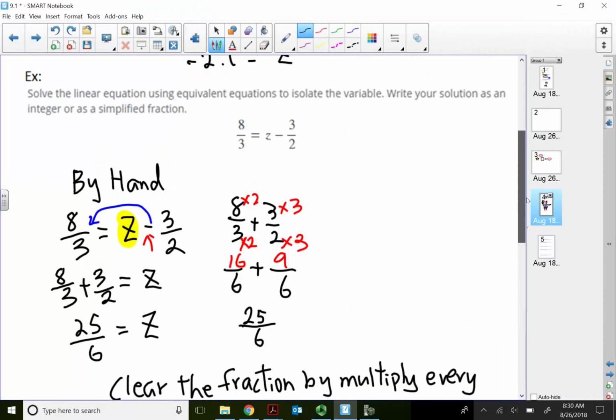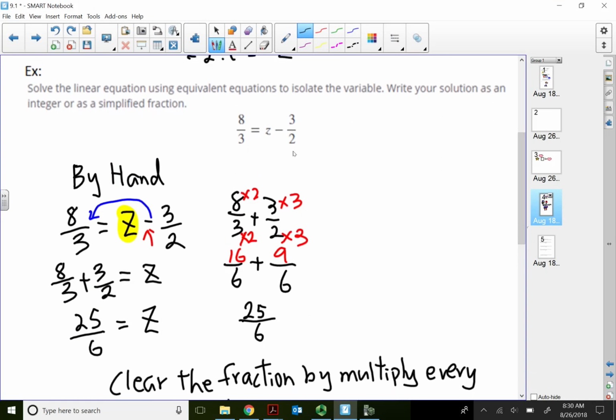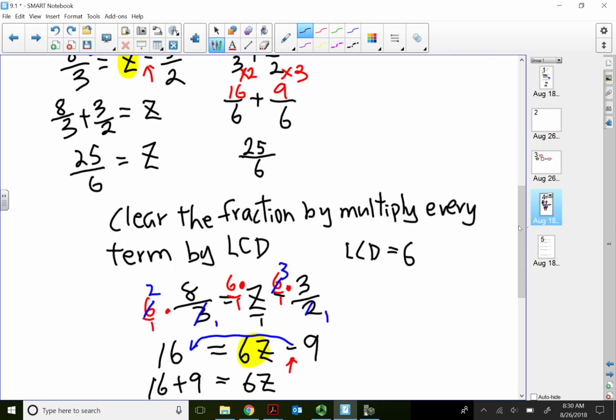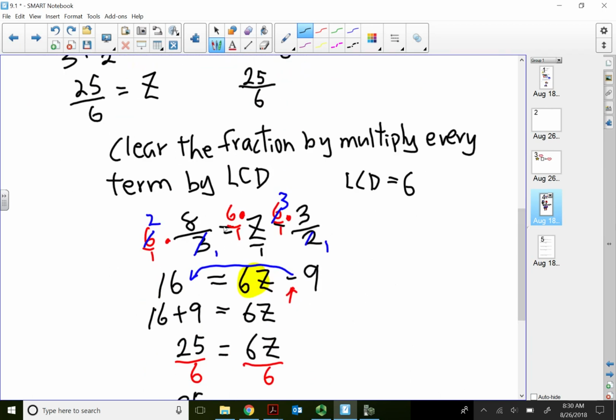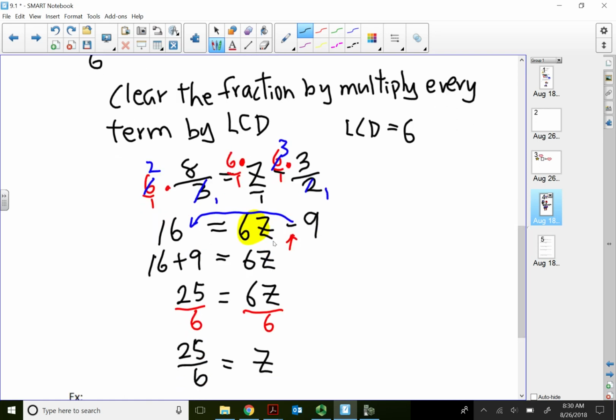So you might be thinking this problem seems a lot easier just to work with a fraction. Yes, it is. The clearing a fraction technique is really designed for more complicated equations involving fractions. But I'm just taking this opportunity to go ahead and show it to you.